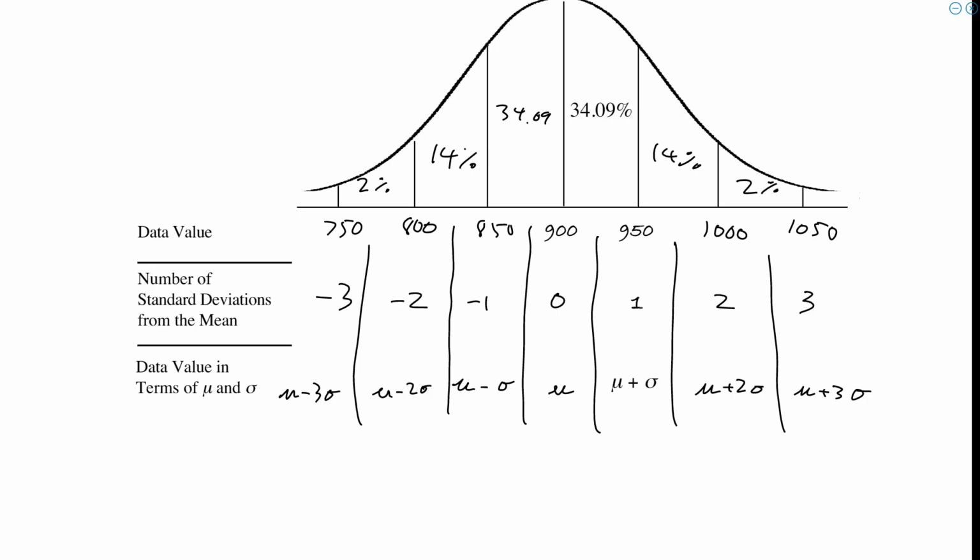Now, we've actually done some fairly significant rounding here. Did anyone keep the actual data numbers? Because if you go 34 plus 34, 68, plus 14 plus 14, what's 28 plus 68? 96.